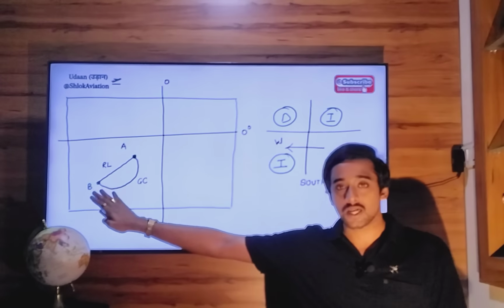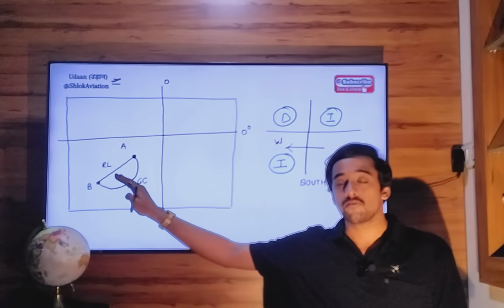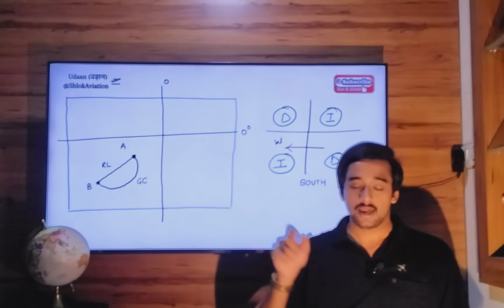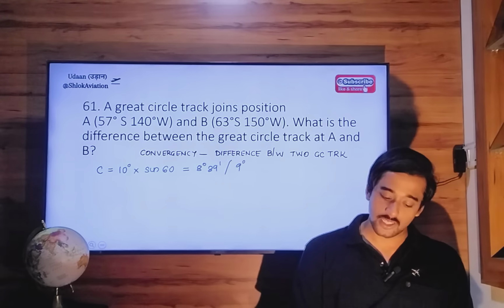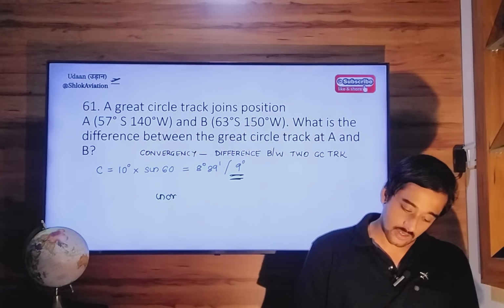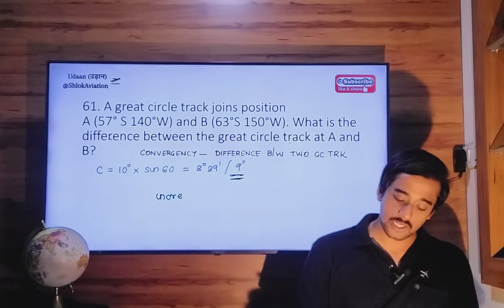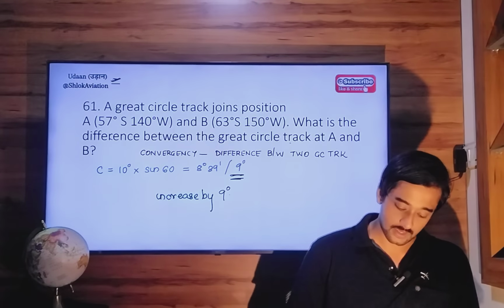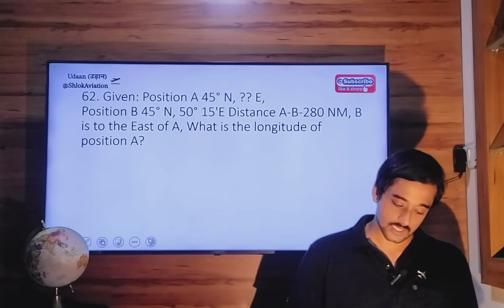That means the great circle track at destination will be more than the great circle track at departure A by a value of convergency, by 9 degrees. Okay, so it will be an increase. What is the difference between great circle track at A and B? Increase by 9 degree. Okay, next.